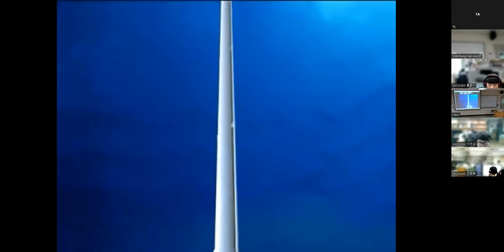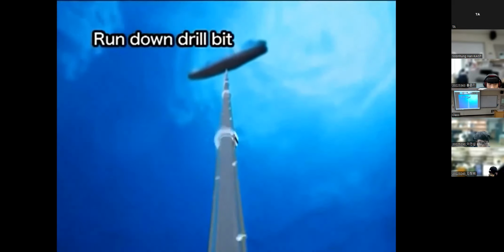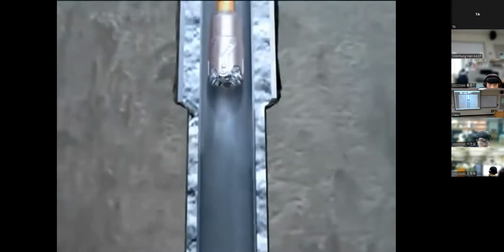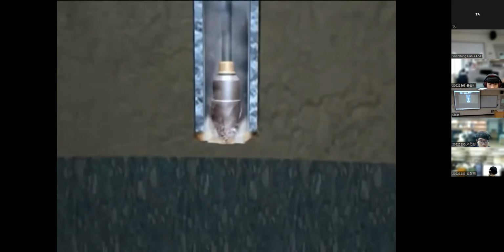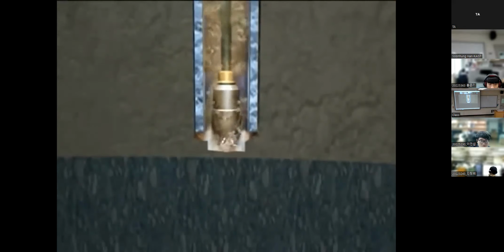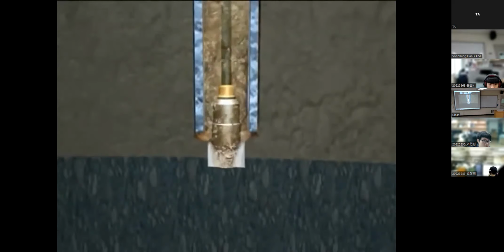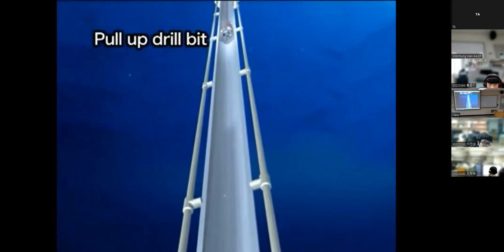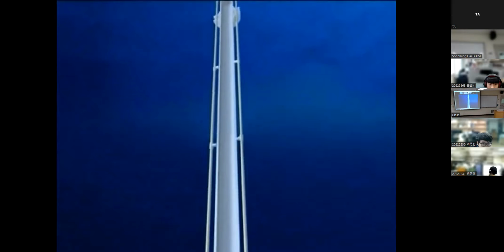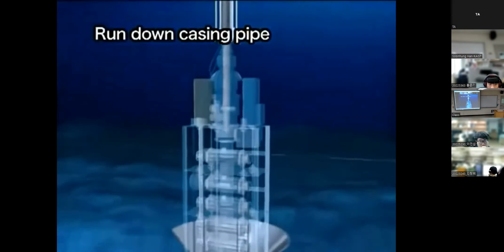A drill bit, smaller than the one first used, is run down through the riser pipe and casing pipe. The drilling begins. Once the riser pipe has been connected, drilling mud is used instead of seawater. When the target depth is reached, the drill bit is pulled back to the vessel. To drill the hole even deeper, a narrower casing pipe is set in to protect the drilled hole.